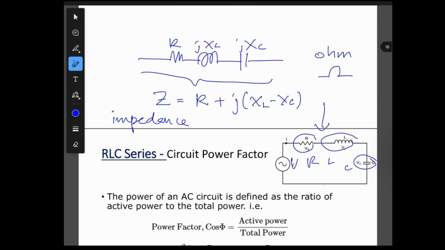The connection is in series: R, L, and C are in series connection.